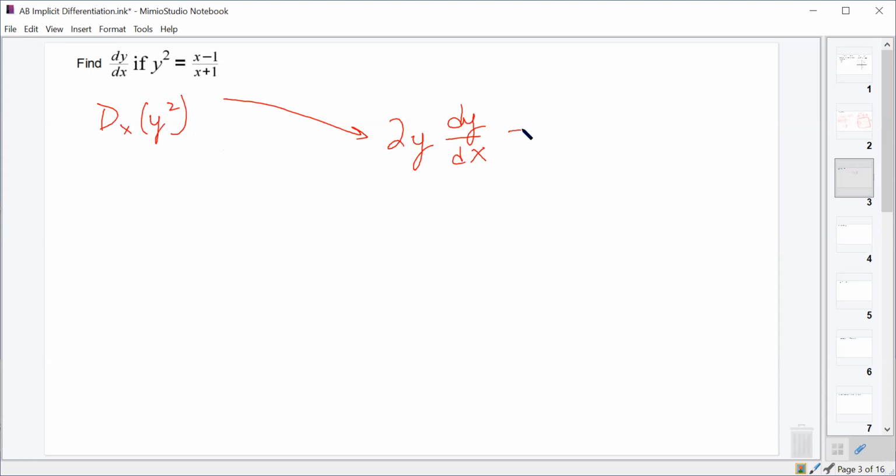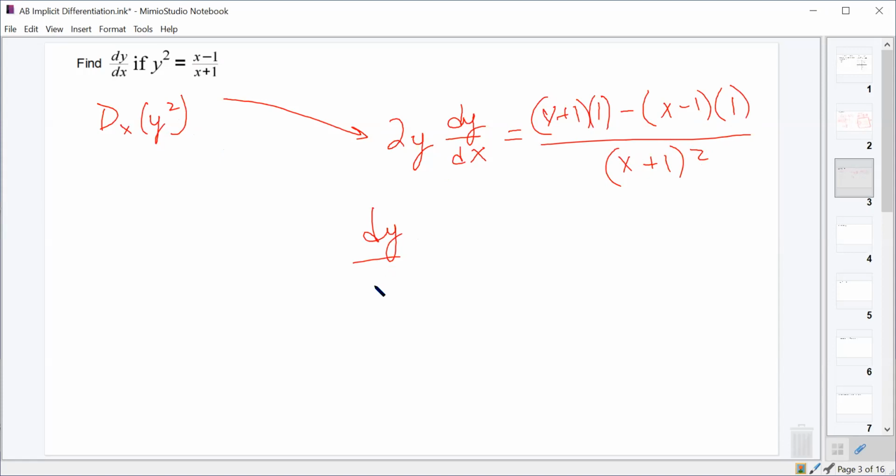And then if we take the derivative with respect to x of x minus 1 over x plus 1, what rule should we use for that? Quotient rule. So x plus 1 times 1 minus x minus 1 times 1, over x plus 1 squared. And what will we do with this 2y?